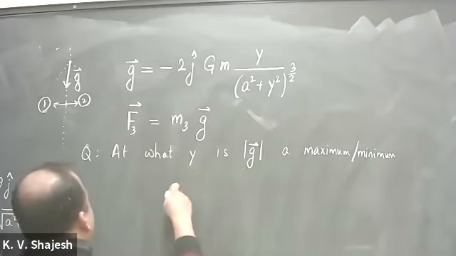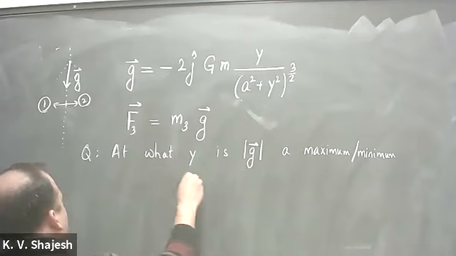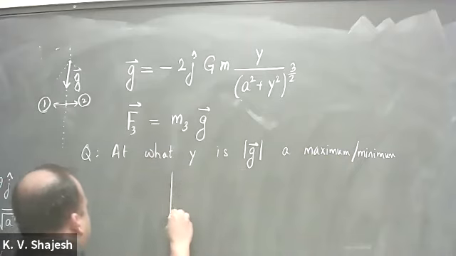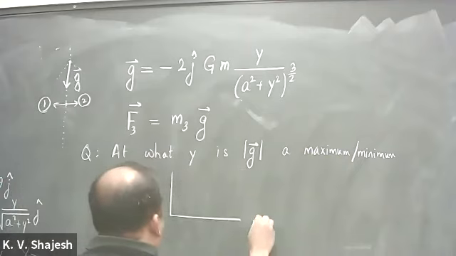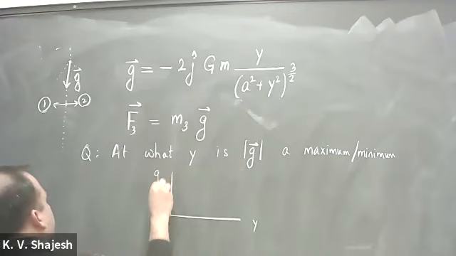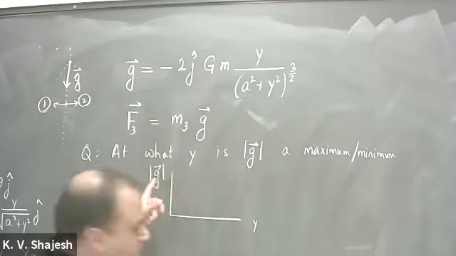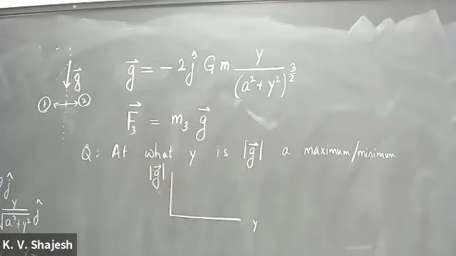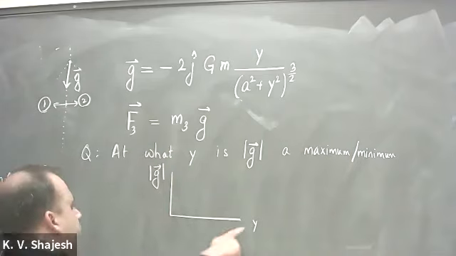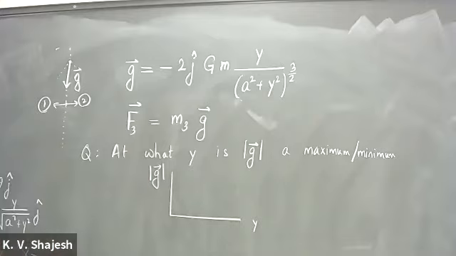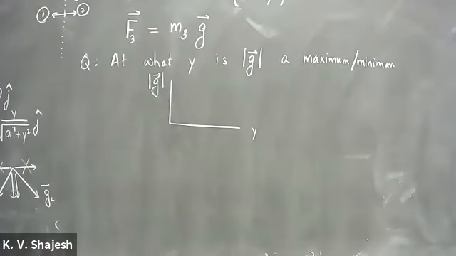So let's again find out what happens. So if I were to plot this as a function of y, this is the magnitude of the gravitational field. That again, gravitational field is the force a third mass would experience if you were to place it at a certain point y along the line connecting them.